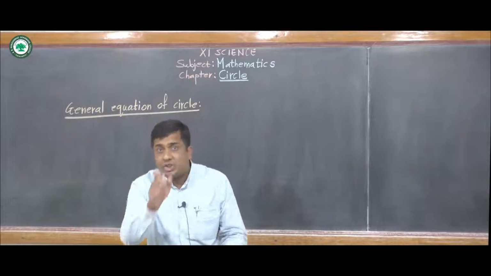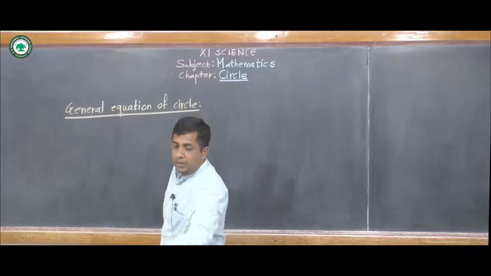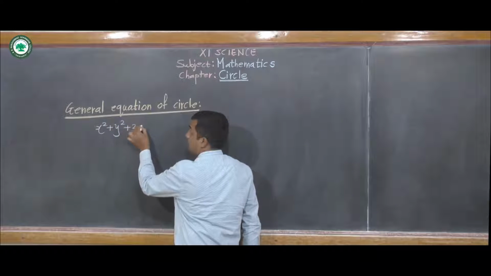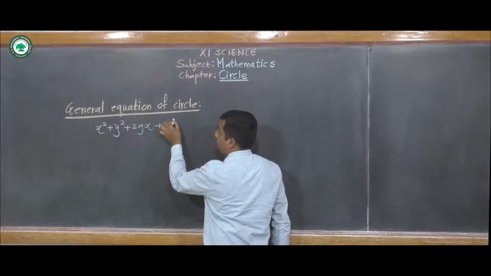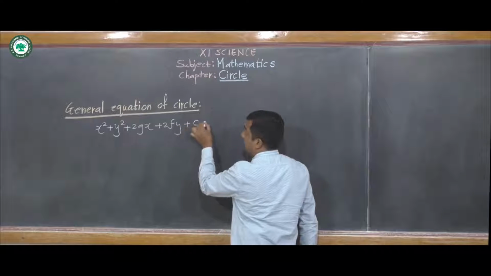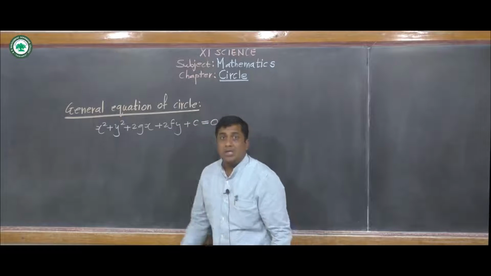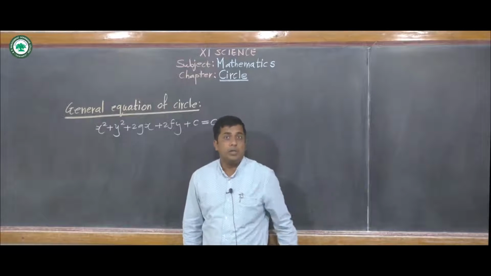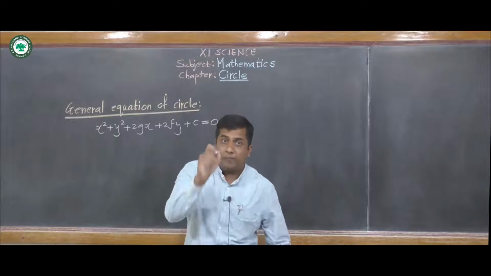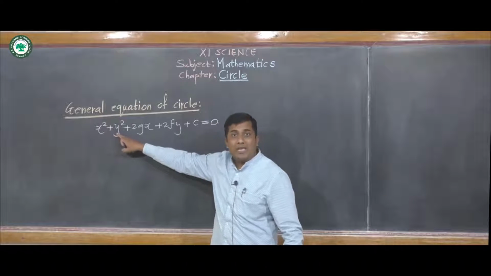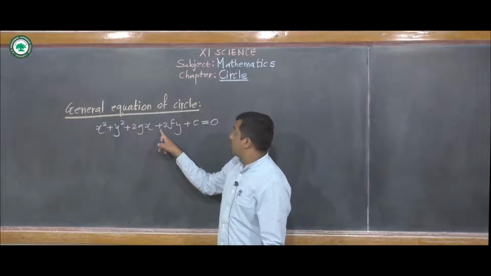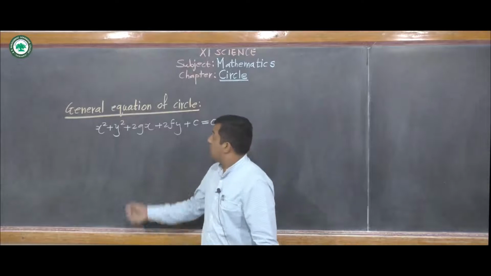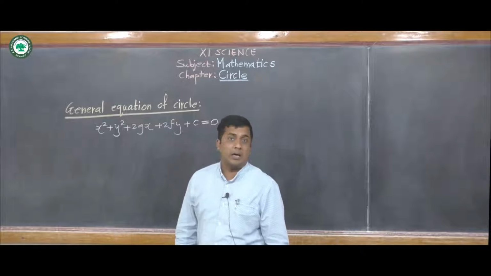Here the equation of the form x square plus y square plus 2gx plus 2fy plus c is equal to 0 is called the general equation of a circle. I repeat, the equation of the form x square plus y square plus 2gx plus 2fy plus c is equal to 0 is called the general equation of a circle.